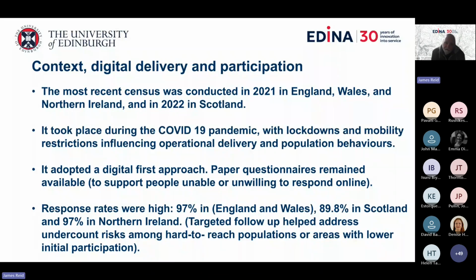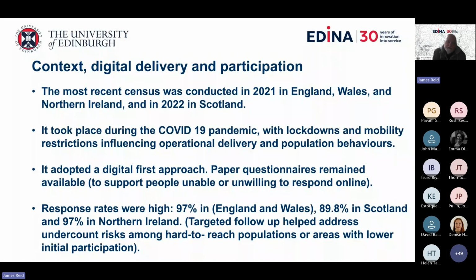The most recent census was conducted in 2021, which many of you may well remember because you probably filled it in. 2022 in Scotland, because it was delayed due to COVID. It did take place during the pandemic with lockdowns and mobility restrictions, which had some consequences upon the enumeration. It did adopt a digital first approach, so paper questionnaires remained available for those who were unable or unwilling to respond online.